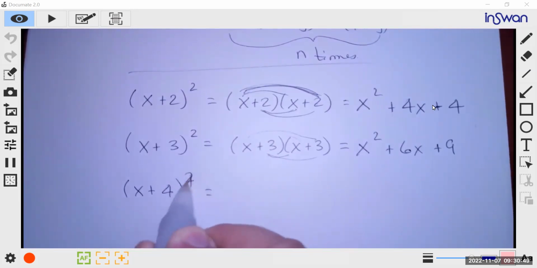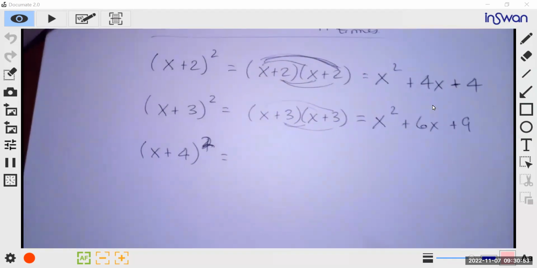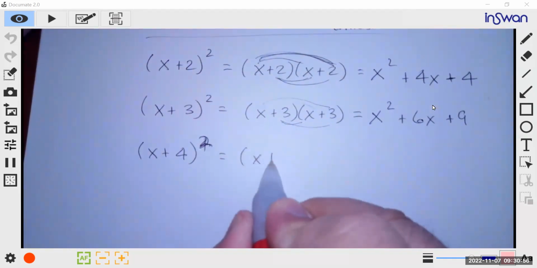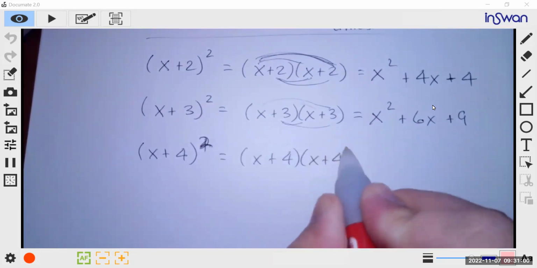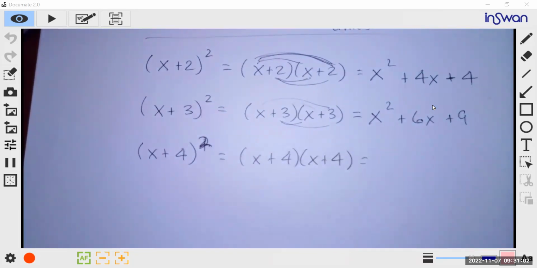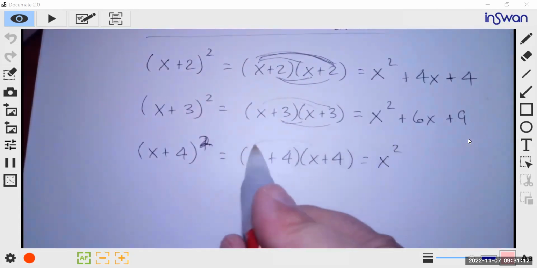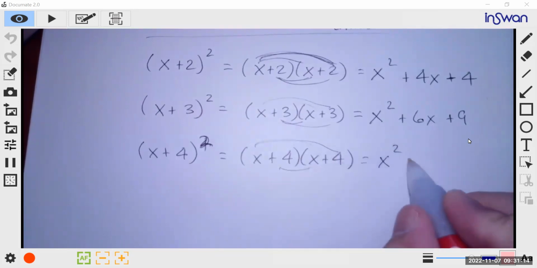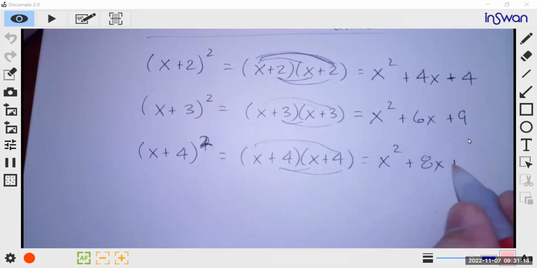And then we'll do some minus ones. But first, x plus 4, x plus 4. x times x is x squared. 4x plus 4x is 8x. 4 times 4 is 16.